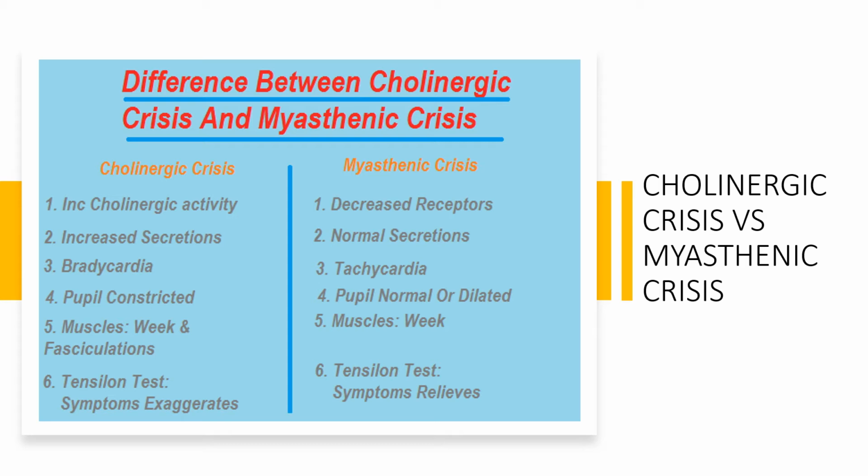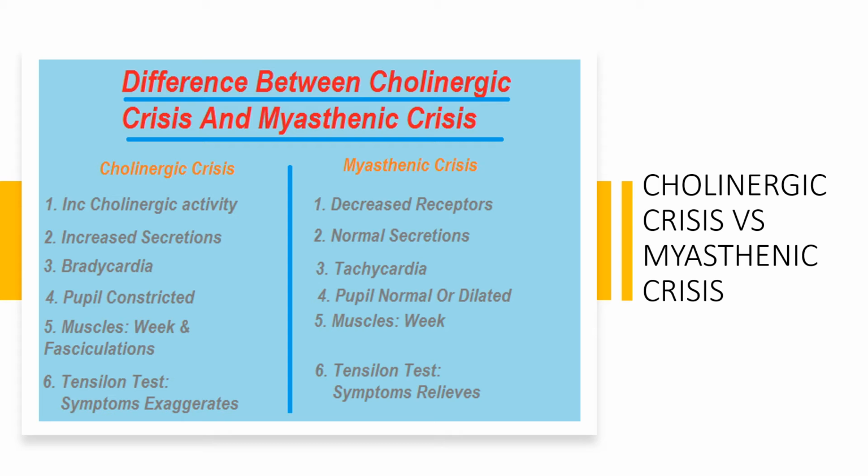So what do you have? Increased cholinergic activity. That's the same as saying more acetylcholine in the parasympathetic system. Increased secretions, bradycardia, constricted pupils. That's all parasympathetic excessive stimulation. The muscles are weak and they're fasciculating, meaning they're twitching a bit. Remember, you can get a bit of muscle twitching if you have too much acetylcholine at the neuromuscular junction.